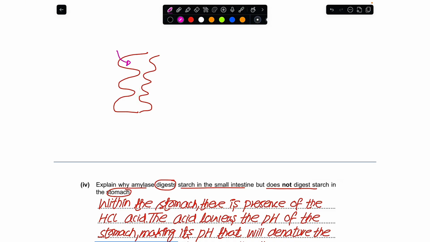Now, in the context of the stomach, what we know is that there is an acidic pH, and that acidic pH is provided by the hydrochloric acid. So if I bring the salivary amylase enzyme here, what would happen? The hydrochloric acid would denature the salivary amylase.